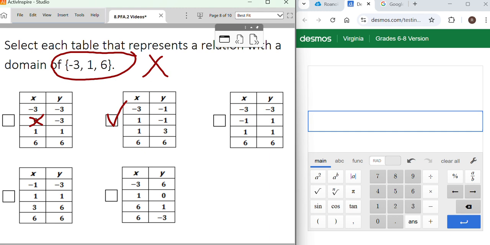The next one has a -3, a -1, which is not part of the domain, so we're not going to choose that. The next one has a -1, again, which is not part of the domain, so we are not choosing that. And the last one has a -3, a 1, and 2 6s. That does match the domain. So we have 2 answers there.